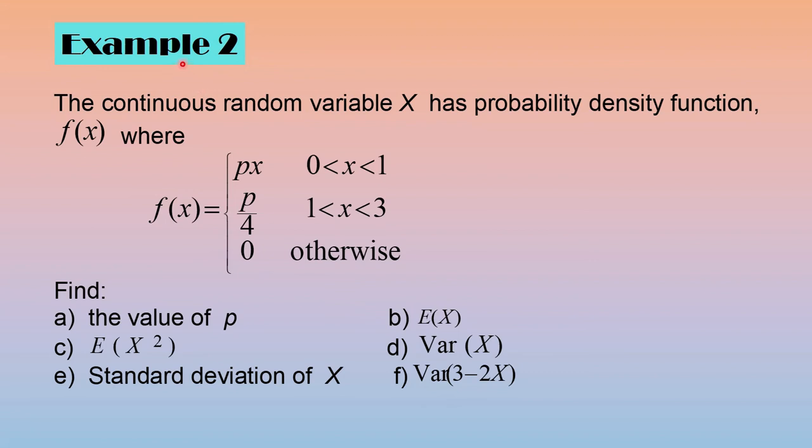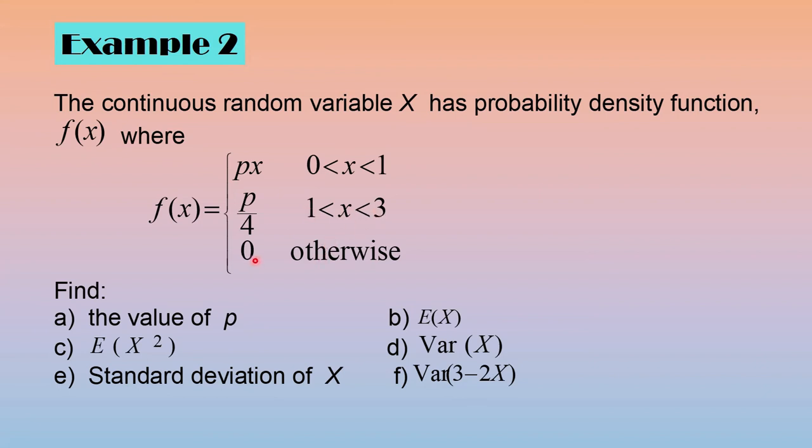Okay, now we continue with example 2. The continuous random variable x has probability density function fx, where fx is equal to px for x more than 0 and less than 1. For the second interval, the function is p over 4 for x more than 1, less than 3.